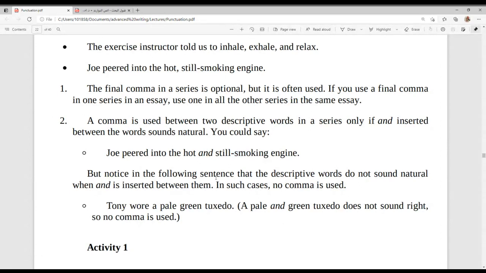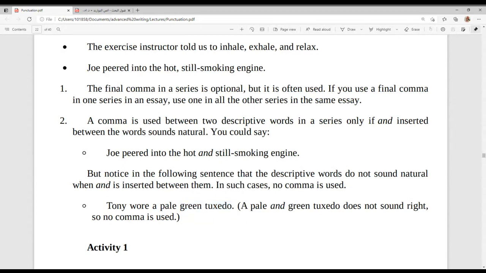Now, if you think that the use of and between the two descriptive words doesn't sound natural, in such cases, no comma is used. So, Tony wore a pale green tuxedo.